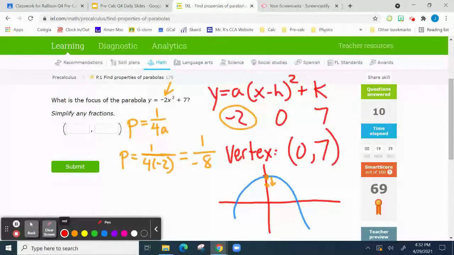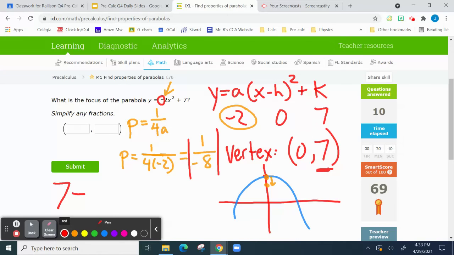So what we're going to do is, it opens down, so we have to take the y component of the vertex and subtract p. So that's going to be 7 is the vertex minus, well, and remember, this is kind of the absolute value. It turned out negative because I put this negative in there. So the negative shows up there anyway.